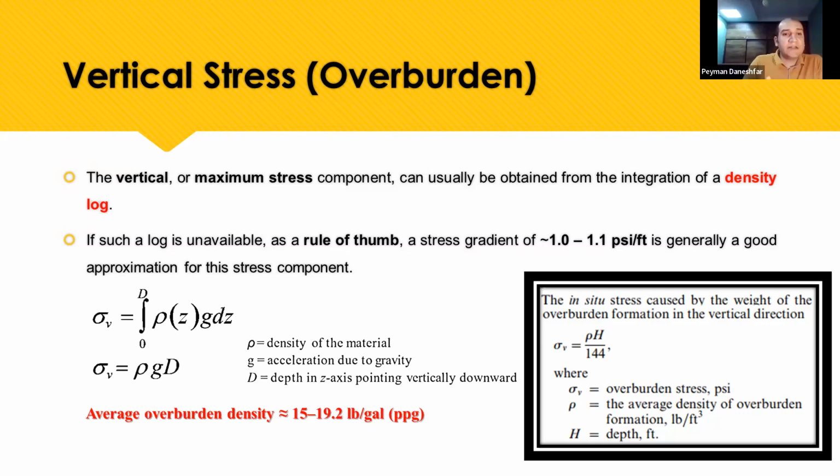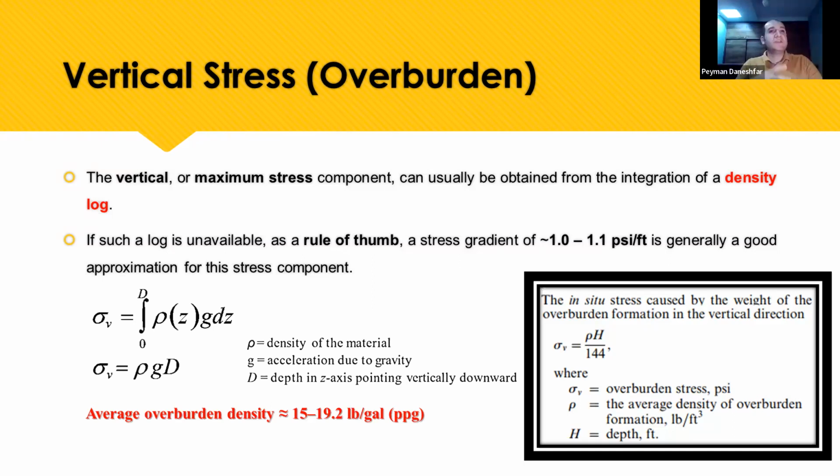As you can see here, it depends on the true vertical depth, the density, and also the acceleration due to gravity. It's like the pressure formula we know from physics in high school.